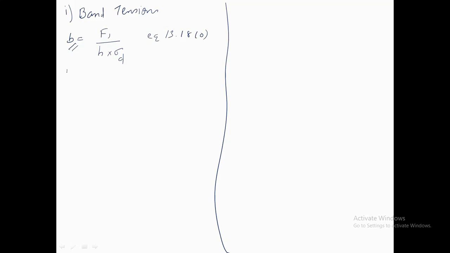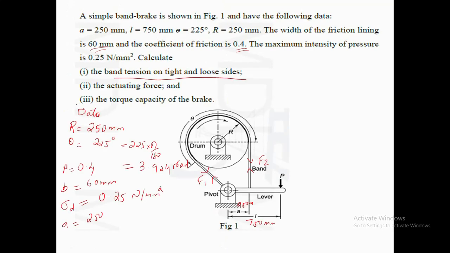H is equal to 0.005 into T, that is equation 13.18, and here the radius is given as 250.